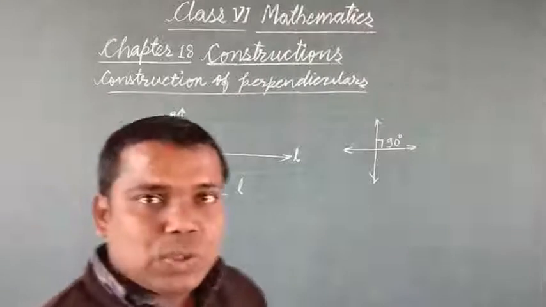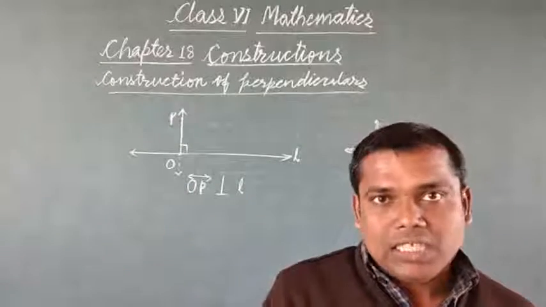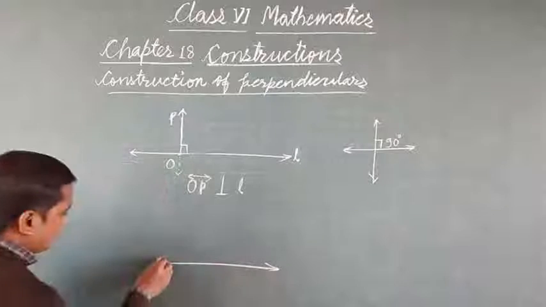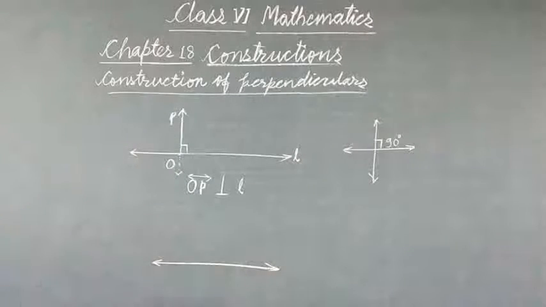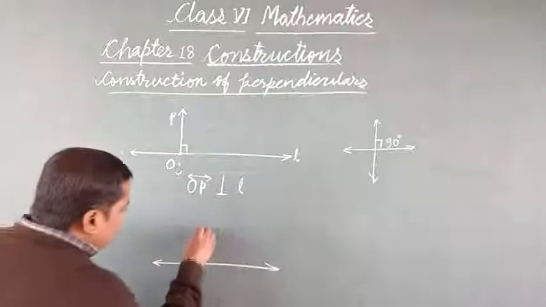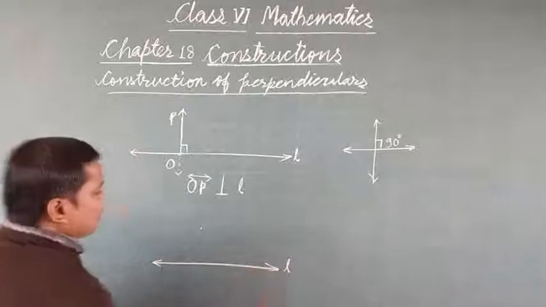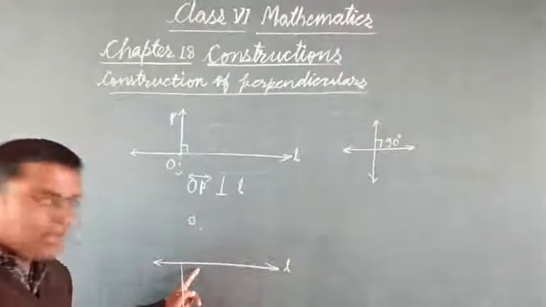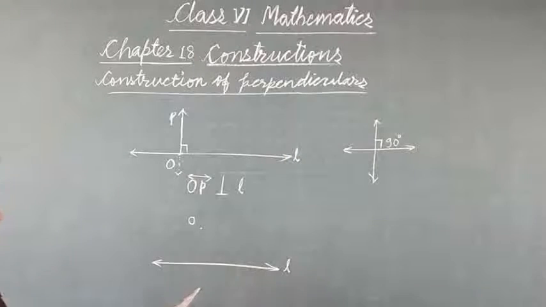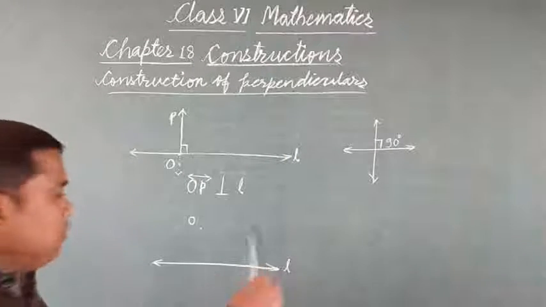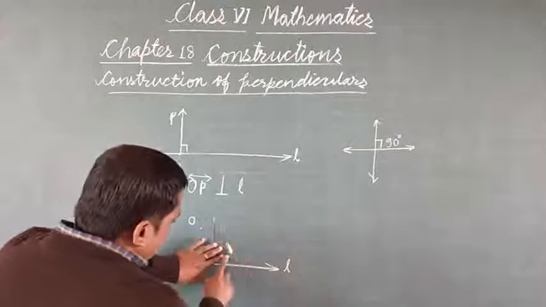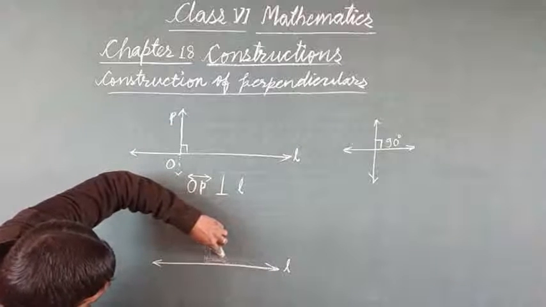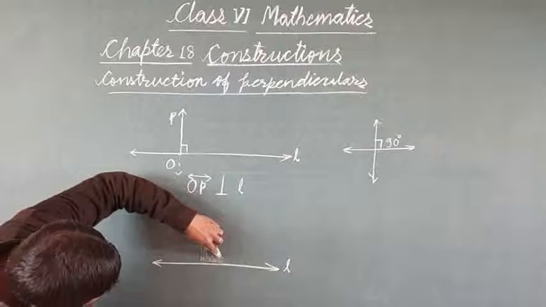Now I am going to tell you, if the point is outside the line, then how to construct. Again we will take a line. Suppose point O is outside. This is line L. Point O is outside the line. From this point we have to draw a line perpendicular to it. Again, you will draw this line and then you will place the set square here. Once you place it, you shift it this side so that you can touch the point.